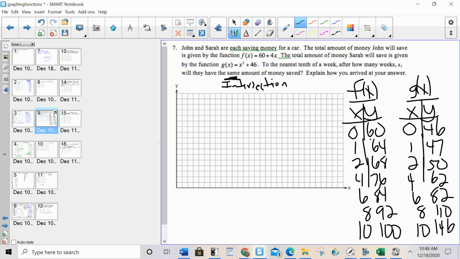Now I don't see the intersection in the table, which means I'm going to have to use my calculator to find that. We'll do that afterwards.